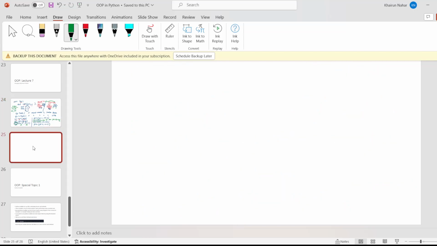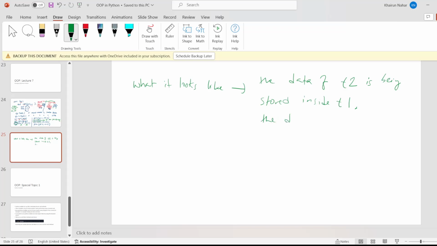What most of the people think, or what it looks like, is the data of T2 is being stored inside T1, or in other words, the data of T1 are being replaced by data of T2.